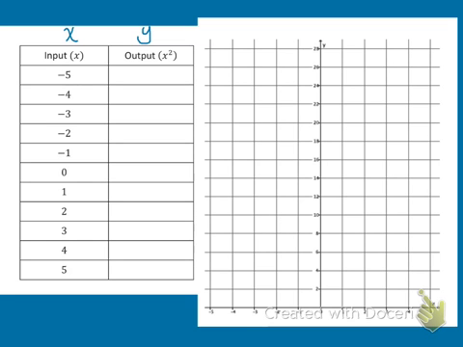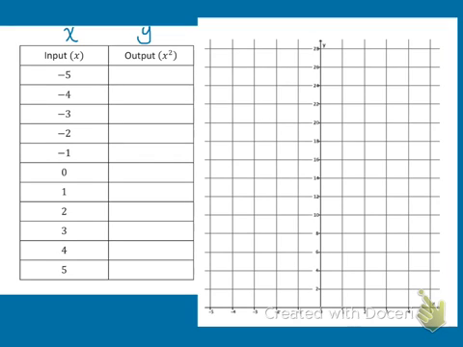Let's look at it, and this will give us a little bit more room. So I've labeled input x and y. Remember, it's input and output. Input along the horizontal axis, output along the vertical axis. And we have some inputs that we're asked to find outputs for.